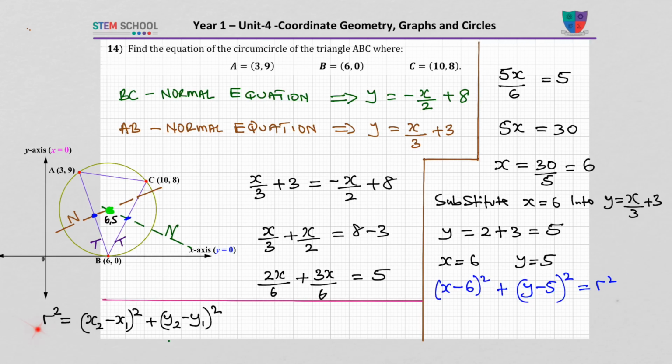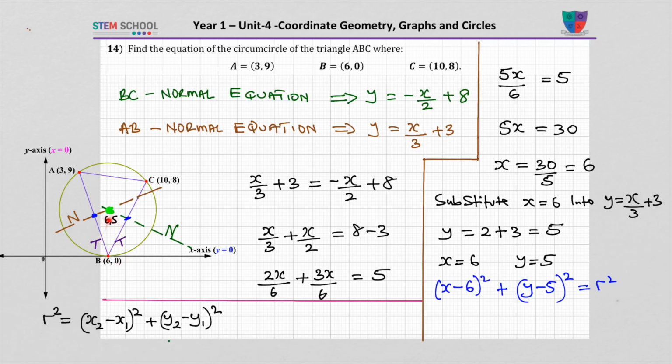That distance, r squared in this case, or if you call the center O, OC squared, would be (x2 minus x1) squared plus (y2 minus y1) squared, because this one will be x1, y1, x2, y2. But I'm going to use this one here. This point is much easier because of that 0.